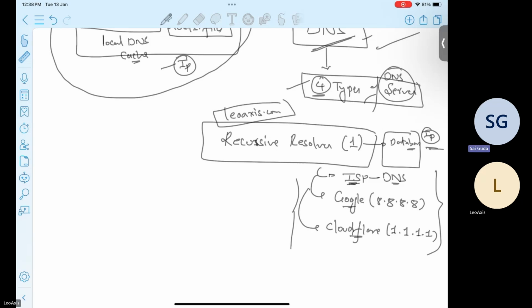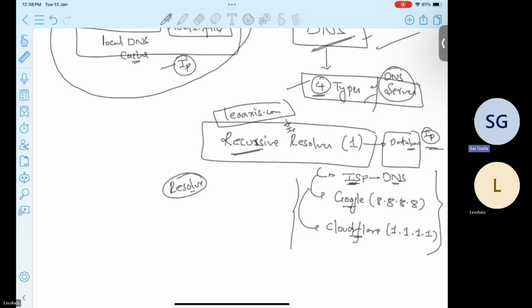Right? So now this recursive resolver is trying to get the respective website IP address. It is helping us to resolve the domain name into the respective IP address. But why is it recursive?